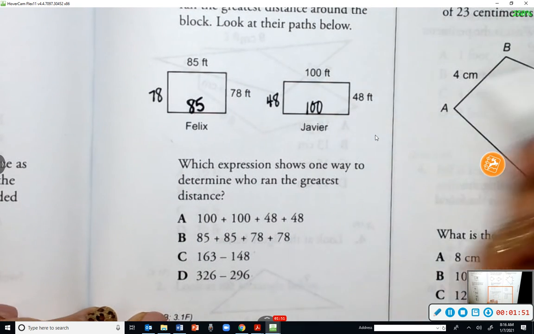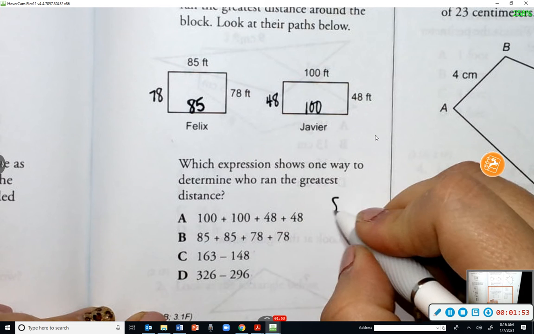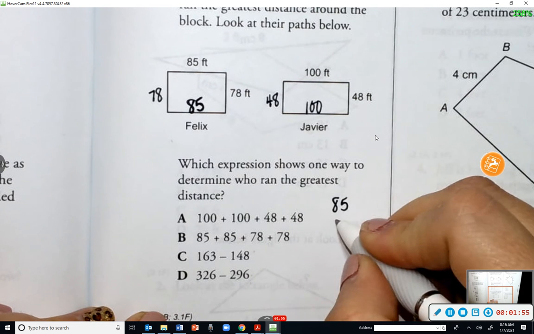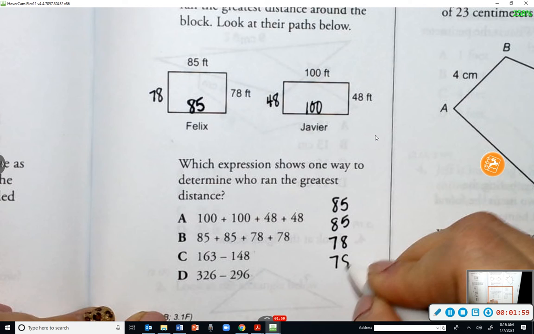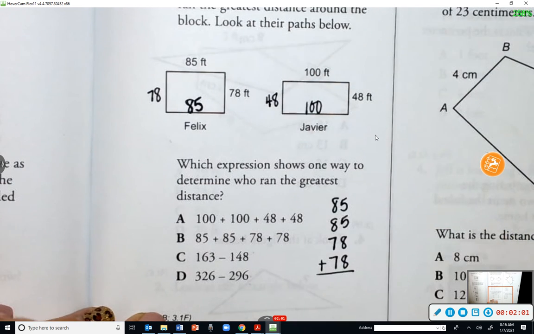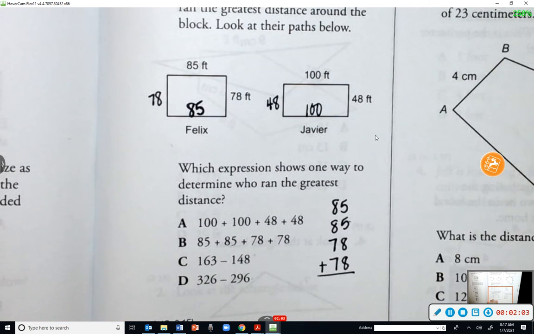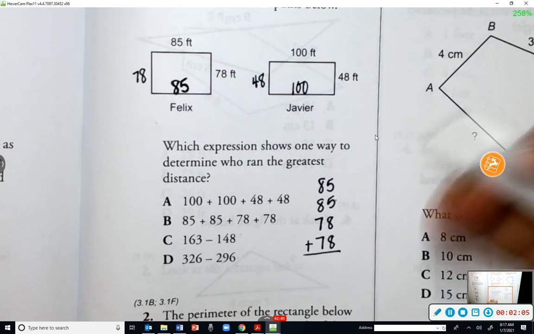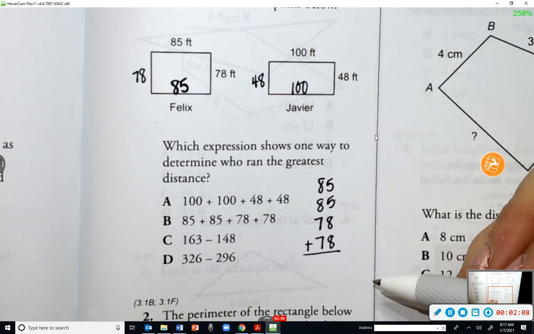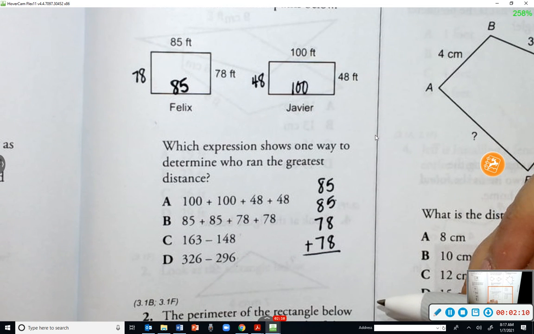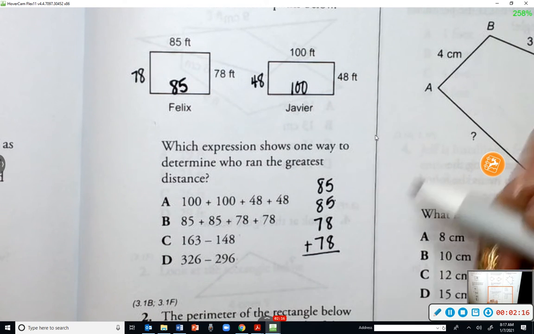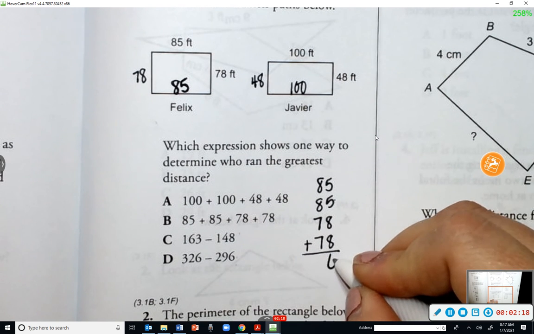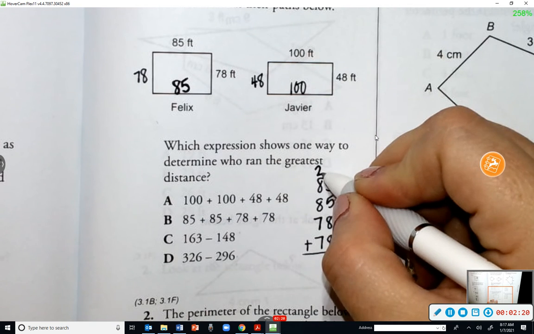Okay. So for Felix, you should have added 85, 85, 78, and 78. What's 5 plus 5? 10. And 8 plus 8? 16. So what's 10 plus 16? 26. Good. So a 6 goes down, 2 goes up.